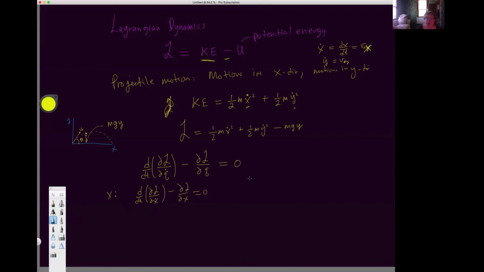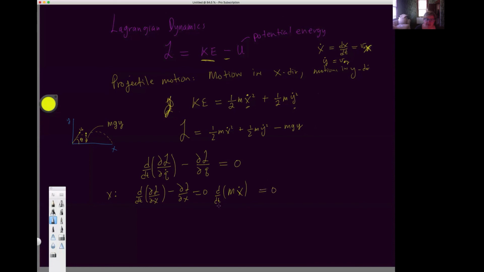Well, the only x dot we have is here, so you take the derivative of this, pull the 2 down, that cancels this 2, and you're just going to get m x dot, and remember I still have to take the time derivative. And then minus partial L, partial x. Well, there's a y, but there's no x, so that's just going to be 0.